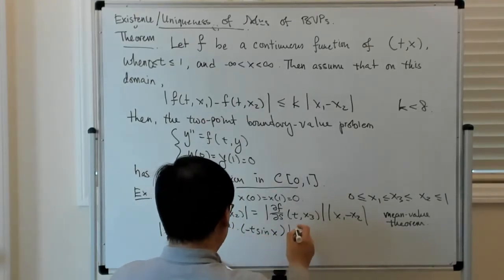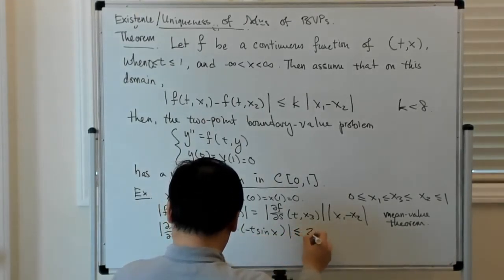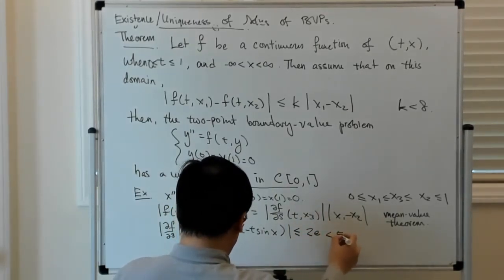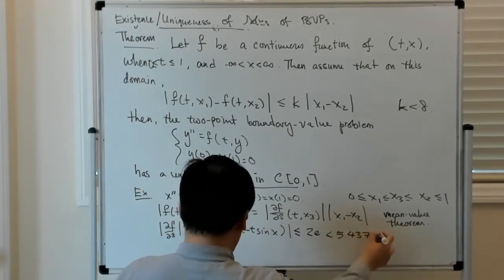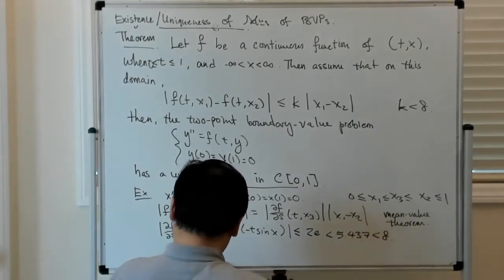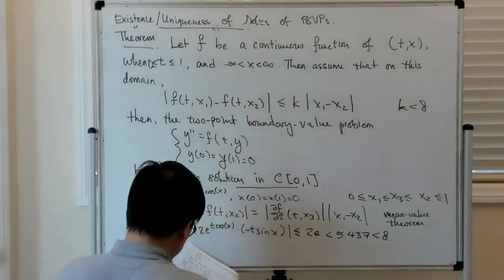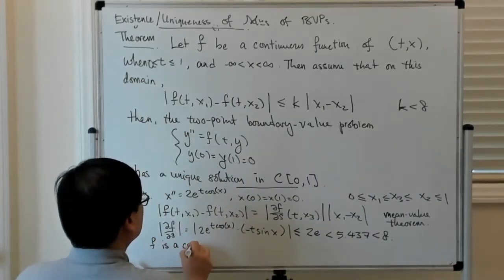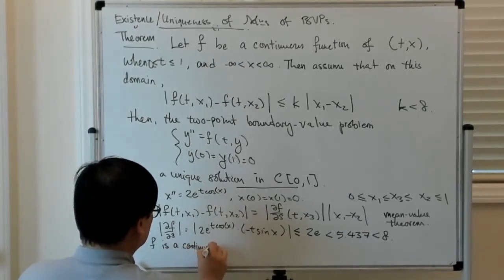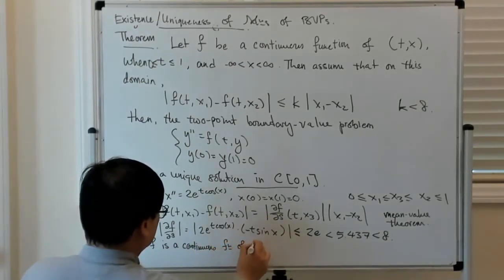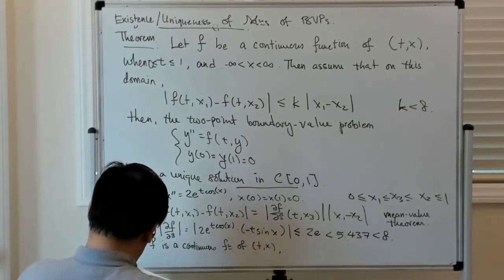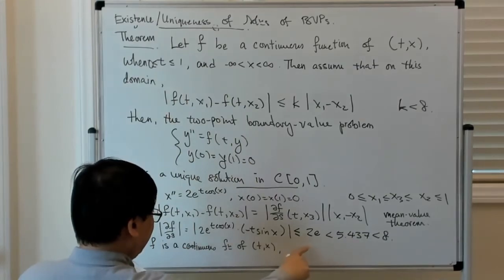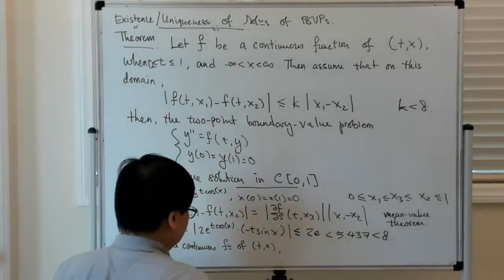So this is bounded from above by 2e, and you can compute that it's less than 5.437, which is less than 8. And you can check that f is a continuous function of t and x. So by this theorem, this two-point boundary value problem has a unique solution.